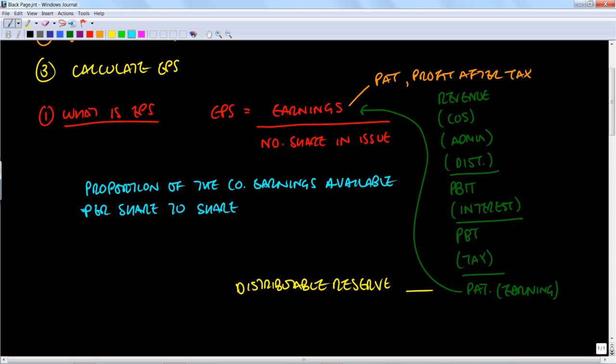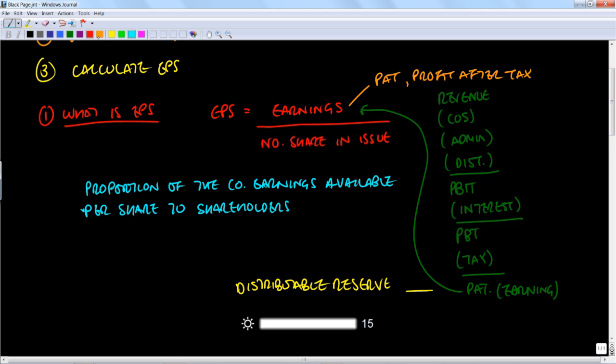Okay, I'm not saying that shareholders will definitely get all of these earnings, okay, but as part of a dividend, then shareholders might get some or part of that, if not all of it. It depends on the organization. Okay, so in a nutshell, that is what EPS is.